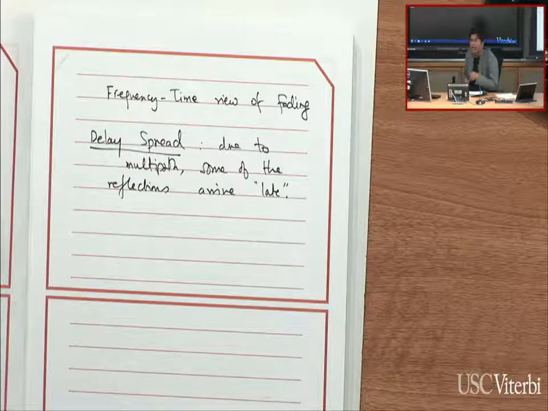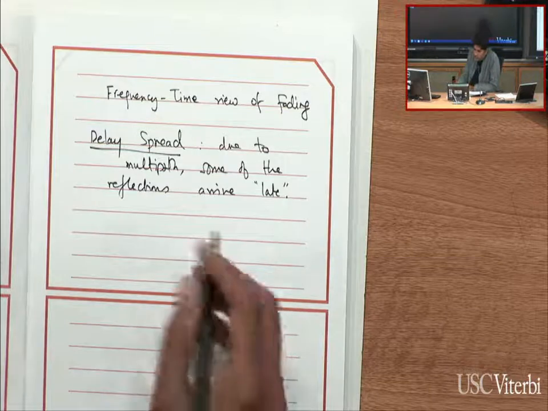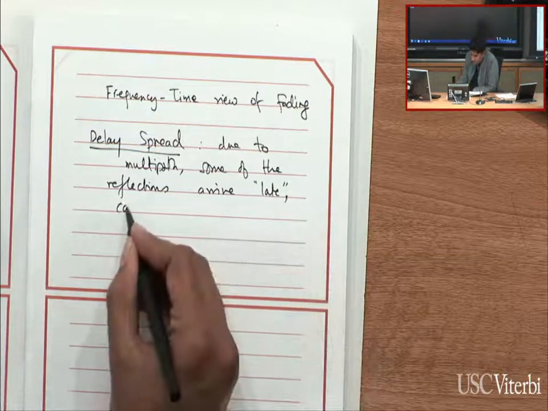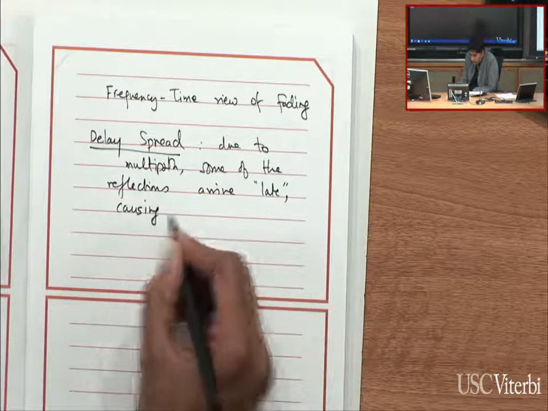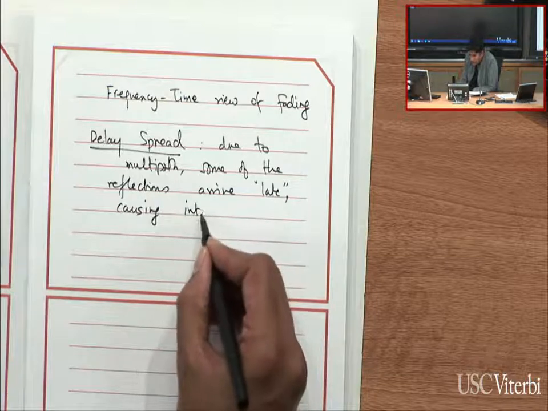Okay, and what this causes is something that's known as intersymbol interference.